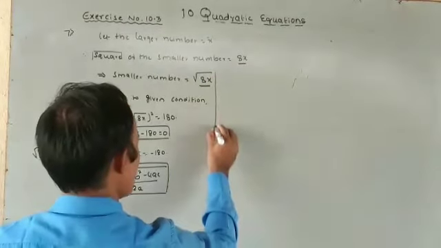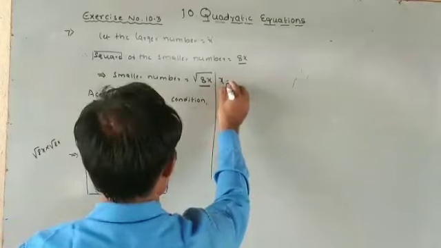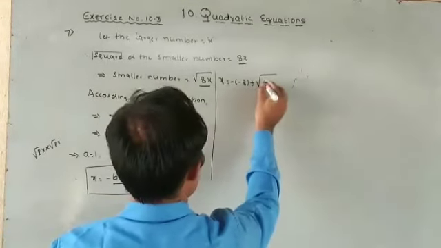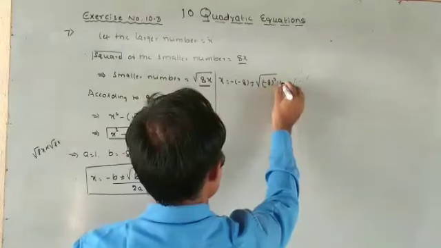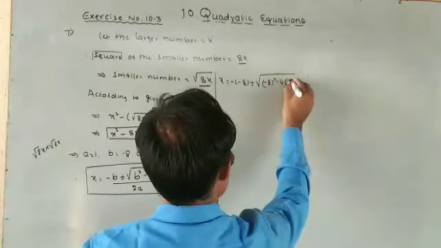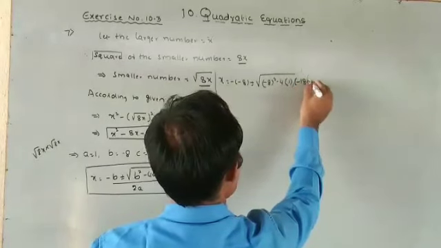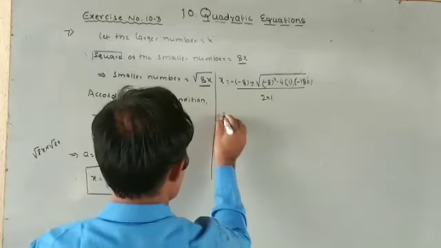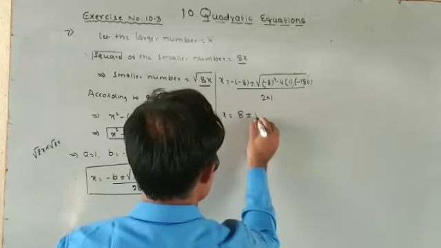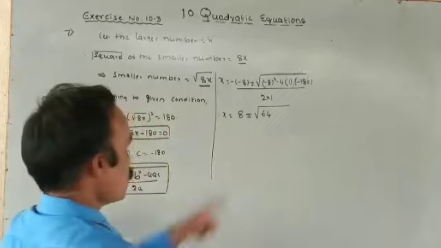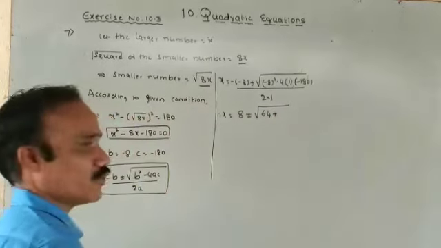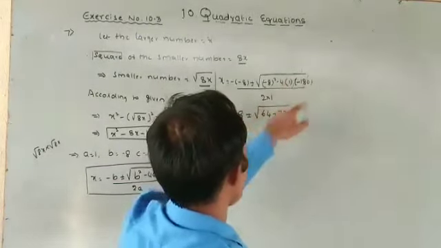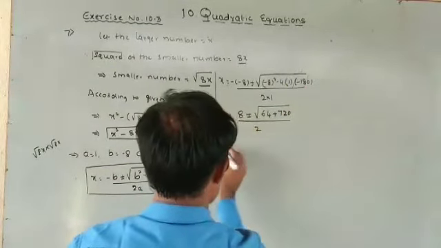Next, replace all the values here. x is equal to minus of minus 8 plus or minus root of minus 8 whole square minus 4 into a value 1 into c value minus 180, divided by 2a, that is 2 into 1. So x is equal to 8 plus or minus root of 64 plus 4 into 180, that is 720, so 784, divided by 2 into 1.